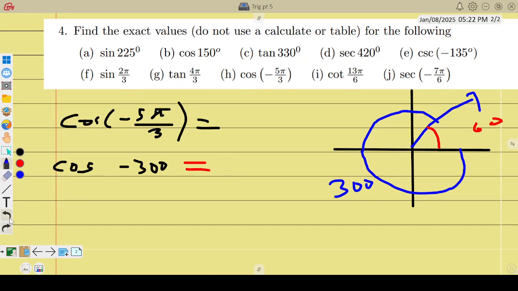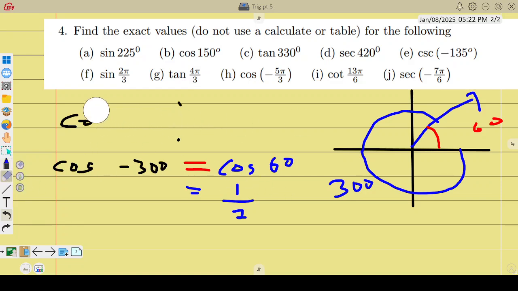This is cos. So cos 300 is the same as cos 60. And then cos 60 is very easy. It's just 1 over 2. Yeah. So with practice, you should be able to tell. When you just see cos 60, when you practice a lot, you'll be able to tell. Okay, so I hope our solution isn't having mistakes.